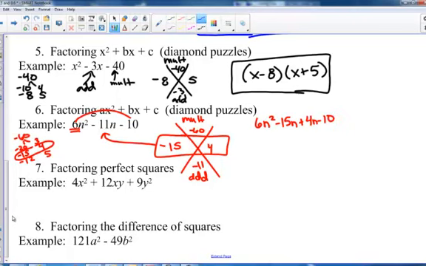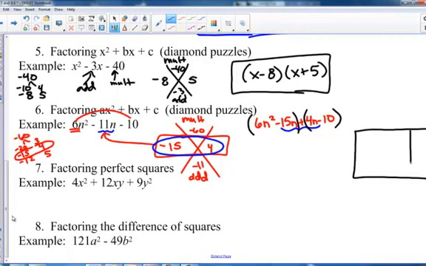So again, this piece right here is from right here, and we're going to factor by grouping. Another way we could have done this is to draw the box. And we have our 6n squared and our negative 10. That comes from right here. And then our negative 15n and our 4n can be written in either of these boxes.